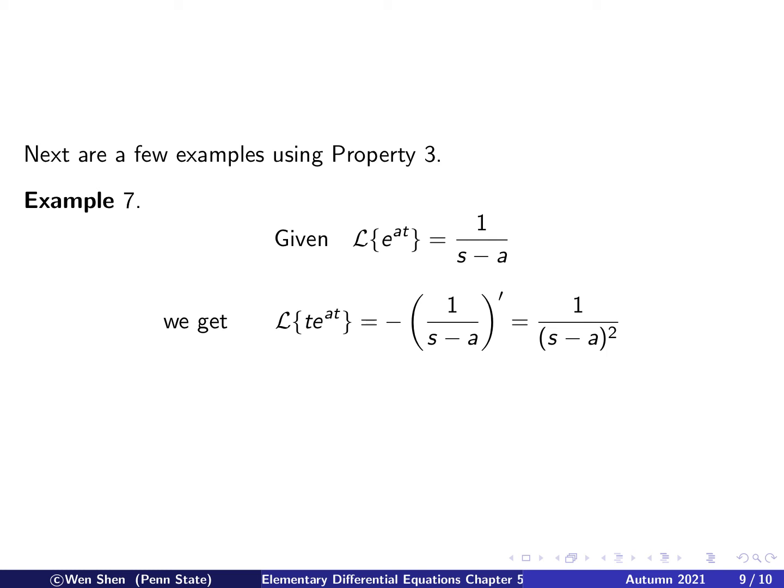And then if we multiply the function by t, so t times e to the at, the Laplace transform of that would simply be the derivative of the transform function here times negative 1. You can differentiate this in s, thinking of it as a function of s, and then you get 1 over s minus a squared.